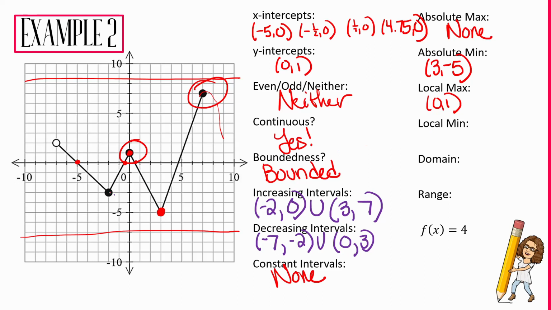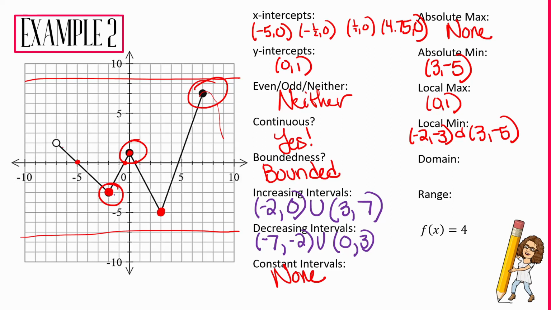My local minimum, I have another valley right here. He's at -2, -3. And just like we said when we were talking about extrema, we also need to say that the absolute minimum is also a local minimum. Just because he is the lowest valley doesn't mean he's not also just a valley as well. So we need to identify that.